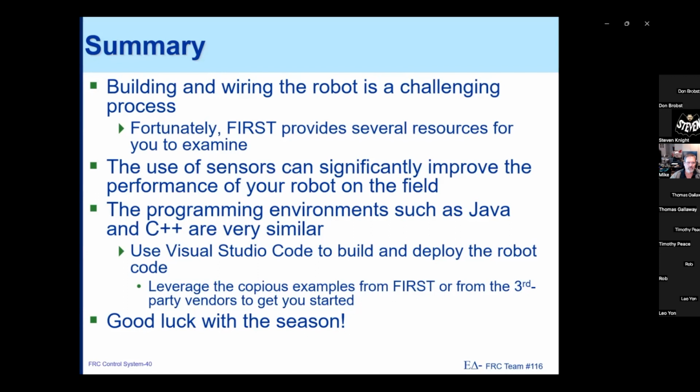The programming environments, such as Java and C++, of course, are very similar. Both of them use Visual Studio Code to build and deploy robot code. And I will say again, make sure you take a look at all the examples that are provided by WPI and FIRST, as well as the examples of third-party vendors, both Rev and Crossroads Electronics, as well as Collab, I believe, all have GitHub installations.